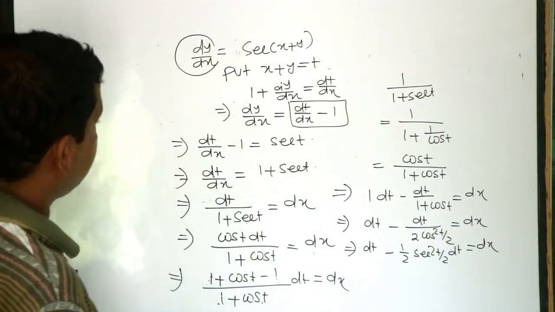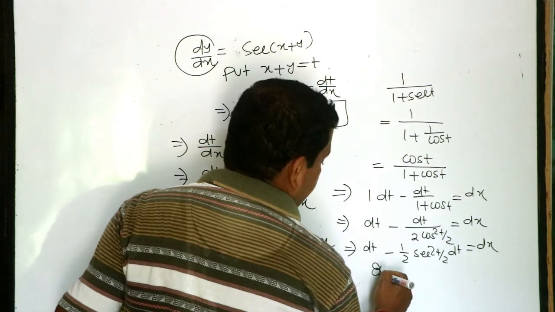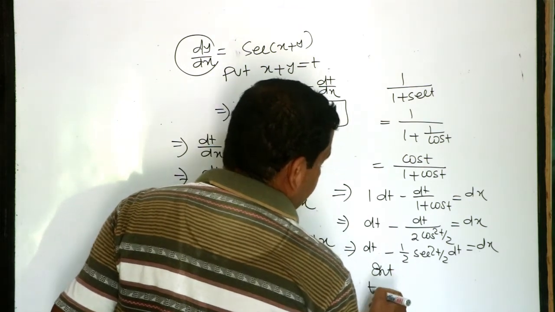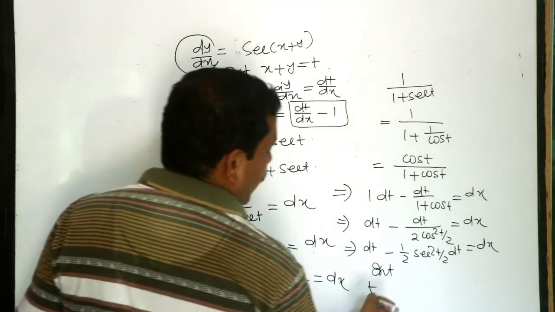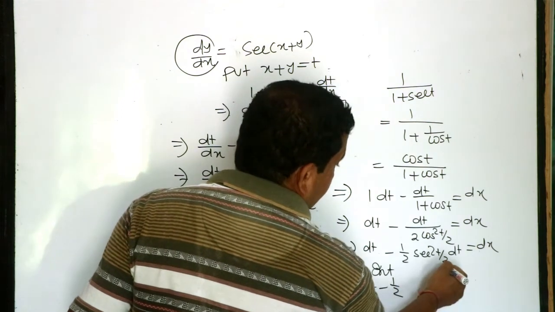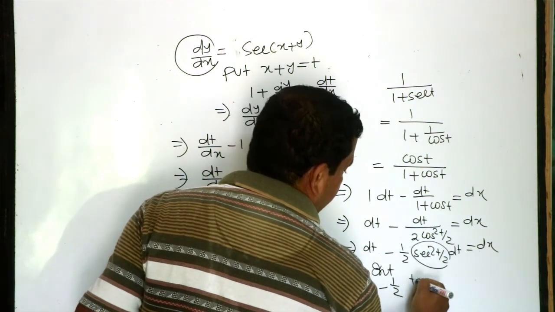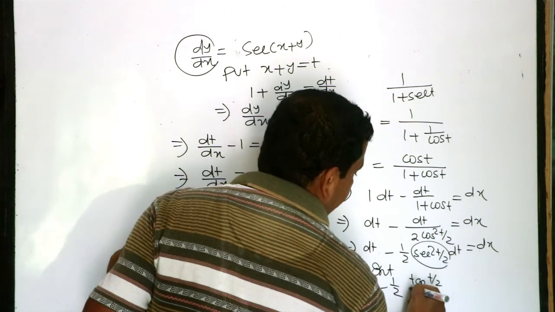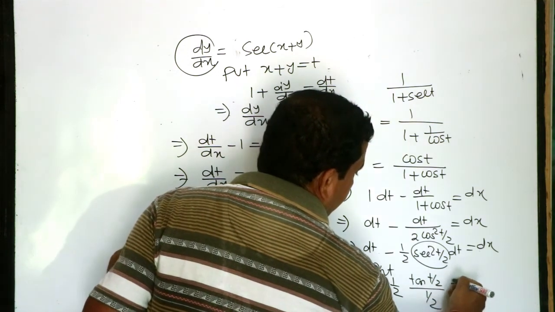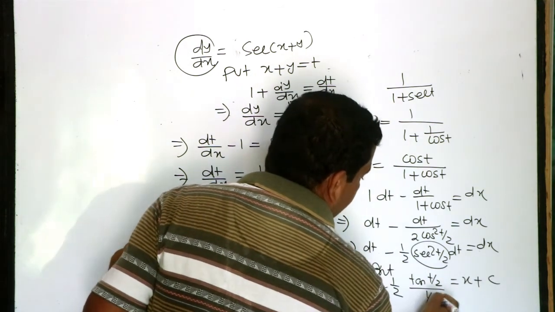Now we can integrate this. Integrating both sides, the integral of dt is t, minus 1/2 times the integral of sec²(t/2), which is tan(t/2) divided by 1/2, equals x + c.